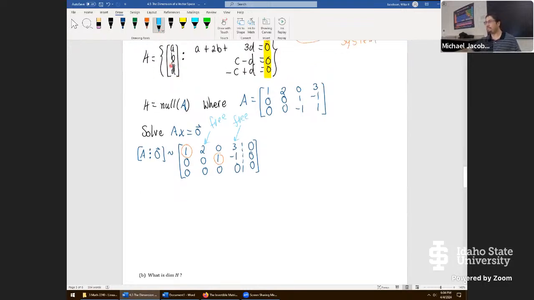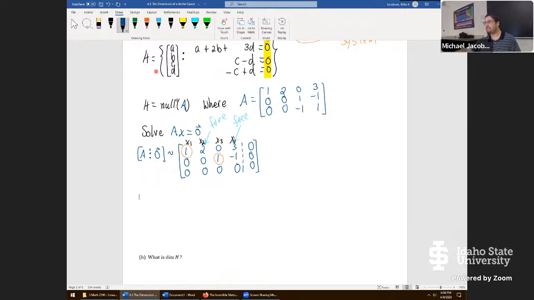The original variables were A, B, C, D, but these are essentially dummy variables. You could change them to X1, X2, X3, X4, do the corresponding changes here, and you get the exact same set of solutions. Because of that, I'd probably call this X1, X2, X3, X4. The algebra just feels more familiar if we solve in this way.